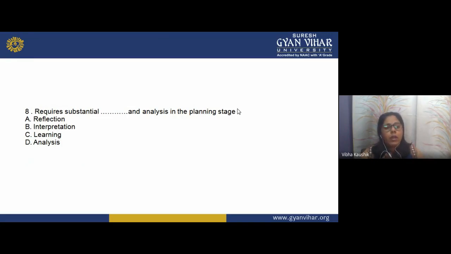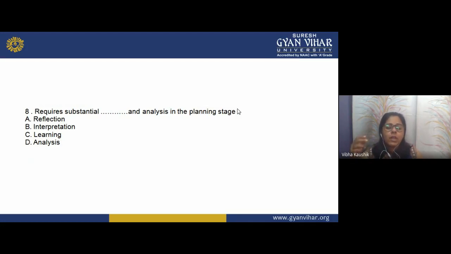Now the eighth one: requires substantial dash and analysis in the planning stage. What is required when we are doing the planning for the syllabus? Now the options are A, reflection, B, interpretation, C, learning, and D, analysis.